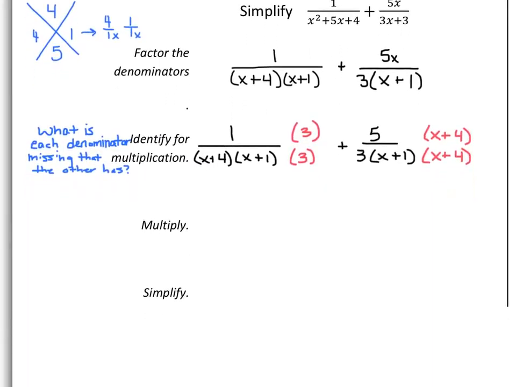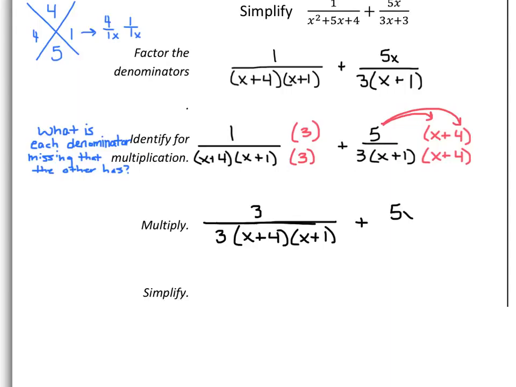Okay, so now simplify each fraction. So the first one, what is 1 times 3 on top? 3 over, let's see, we were just going to have 3 times x plus 4 times x plus 1. And then for the next one, we can distribute this 5. 5x plus 20. Can we distribute that 3?